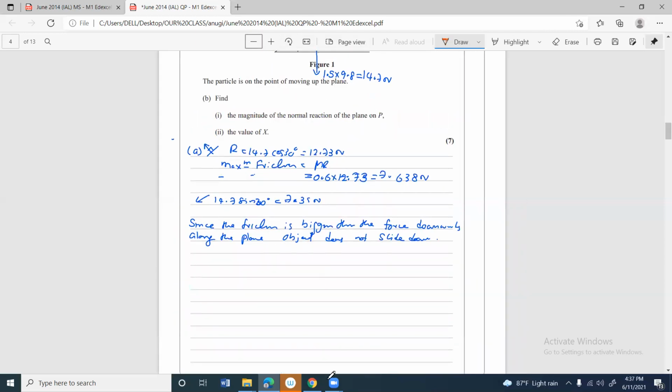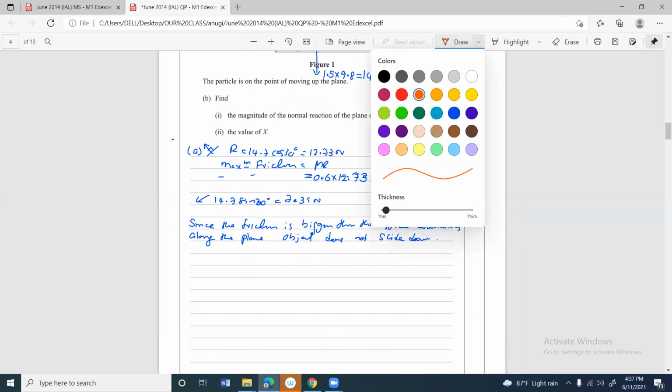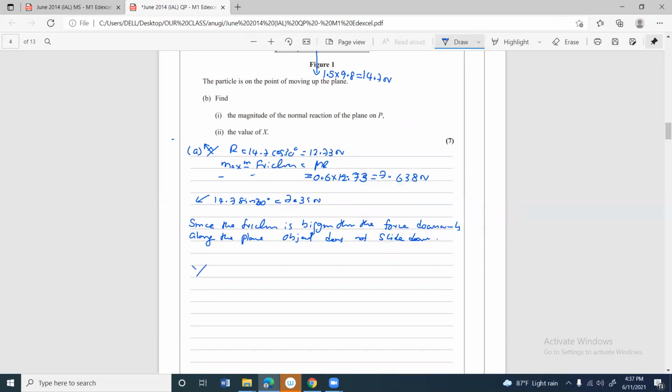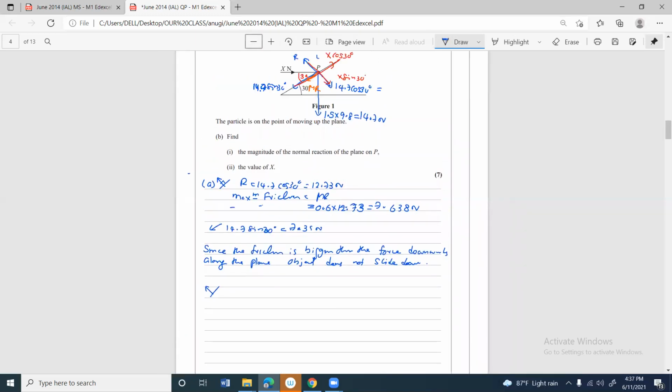Initially, I'll consider the forces perpendicular to the plane. I'll make it a little smaller, then I can see the entire question at once. So this force R, the upwards force, is equal to the downwards forces: x sin 30 plus 14.7 cos 30.